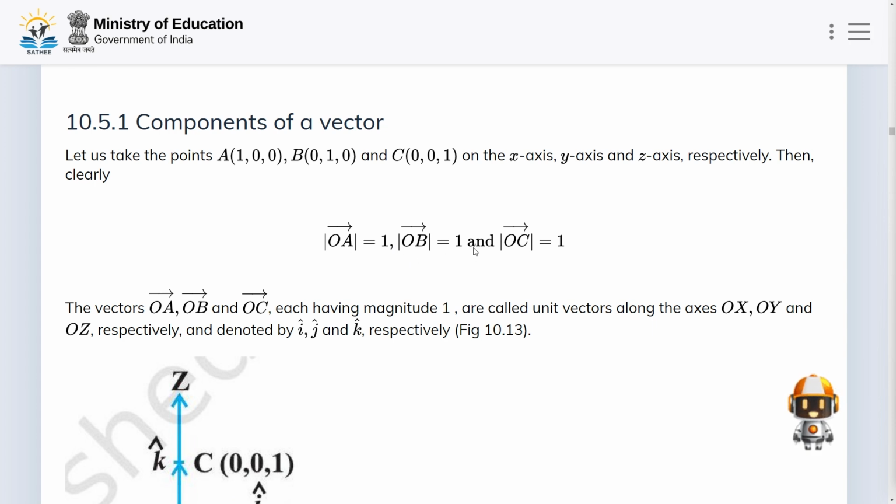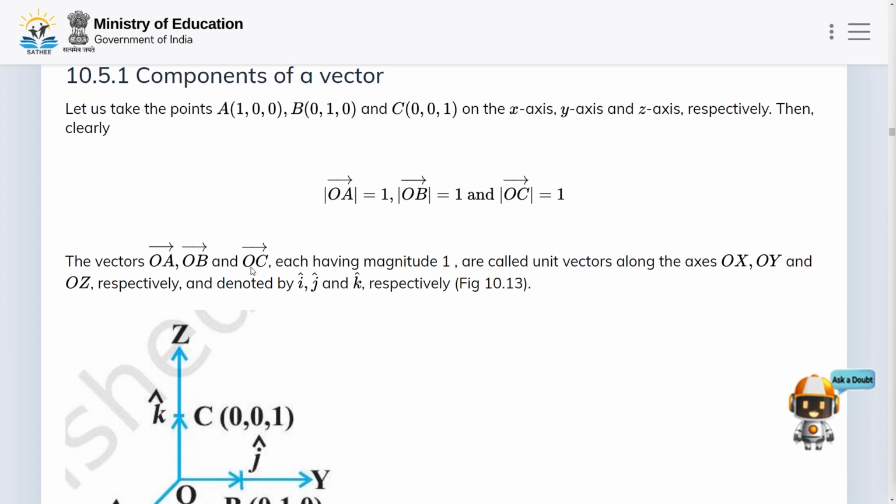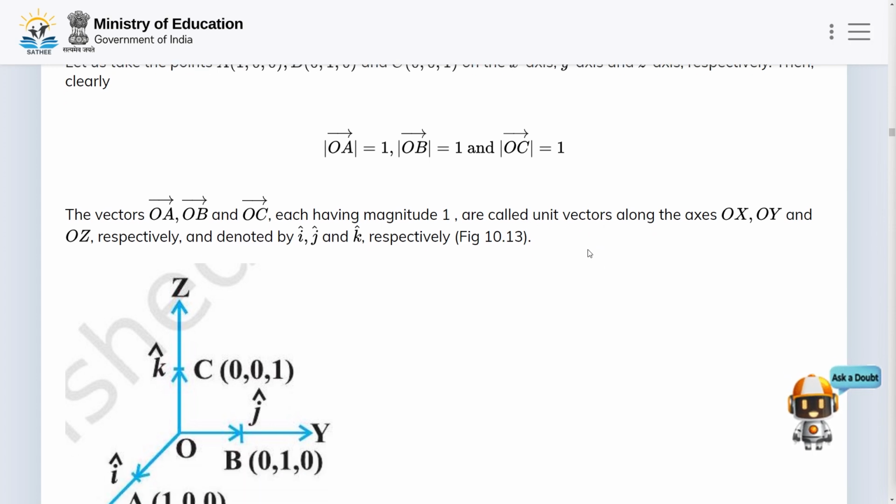This means OA, OB and OC are unit vectors along the OX, OY and OZ axes respectively, and these unit vectors are represented by i hat, j hat, k hat respectively.